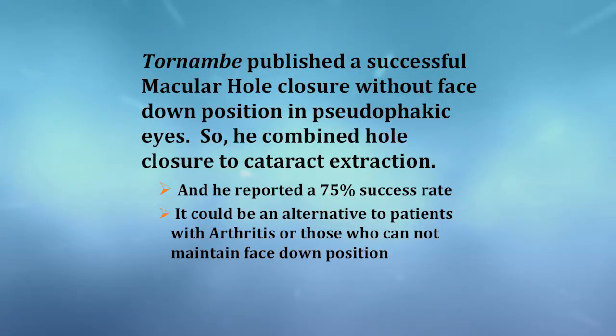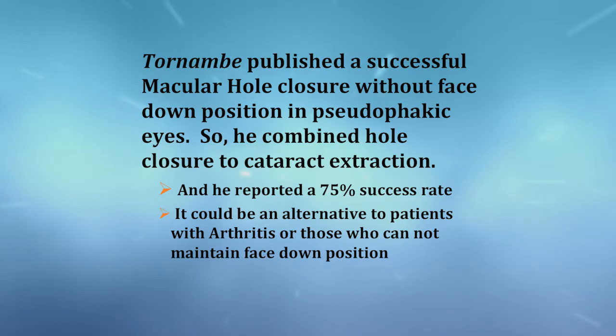Tornambe published successful macular hole closure without face down position in pseudophakic eyes. So he combined the hole closure with cataract extraction. He said that most macular holes happen after the 50s, with the idiopathic hole especially. So those people have some degree of nuclear sclerosis.